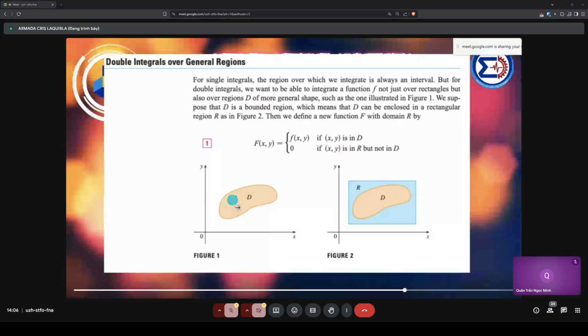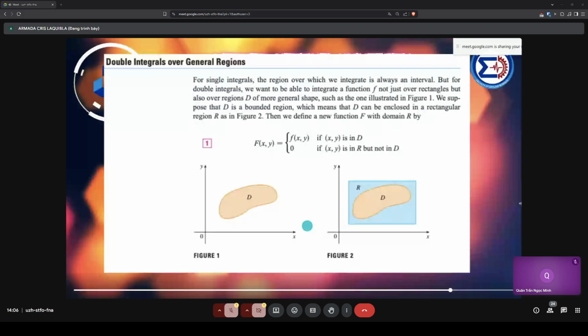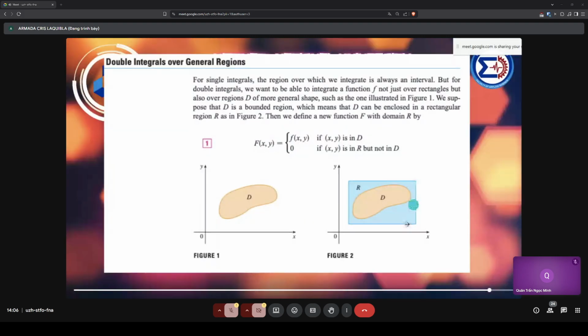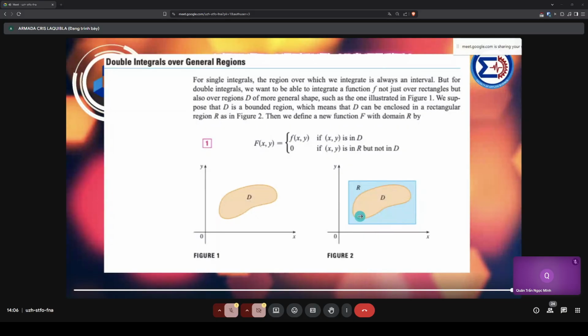What are we going to do, class, is form a rectangle such that the new region is inside it. Now, your f of x, y is the function whose domain is bounded in this region. And then your capital F of x, y is equal to your f of x, y if x, y is in D.